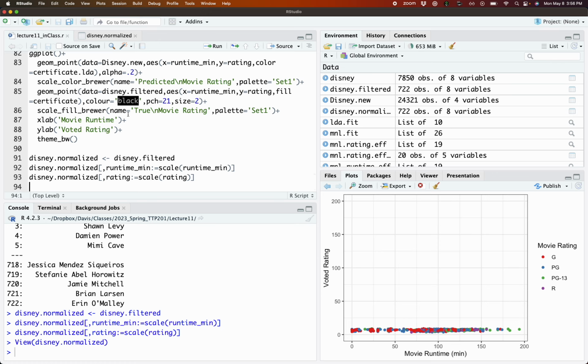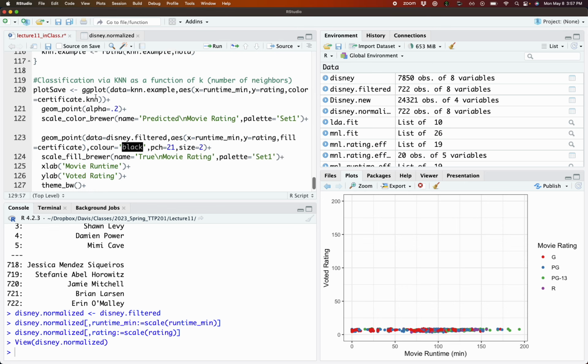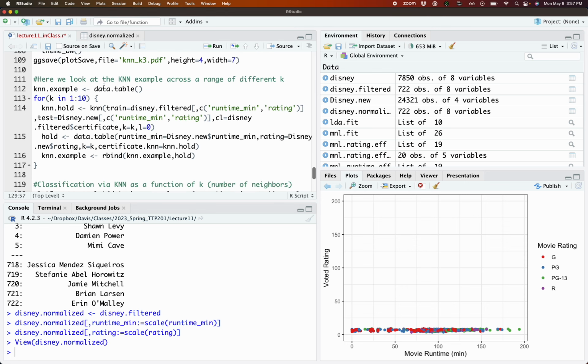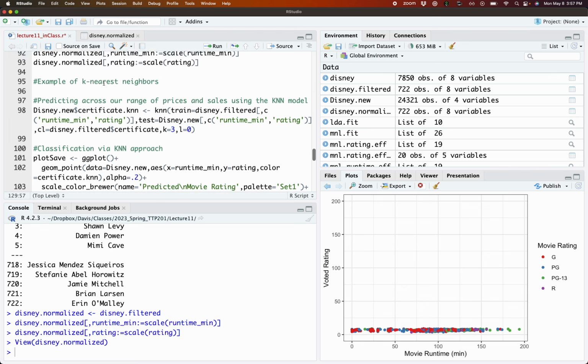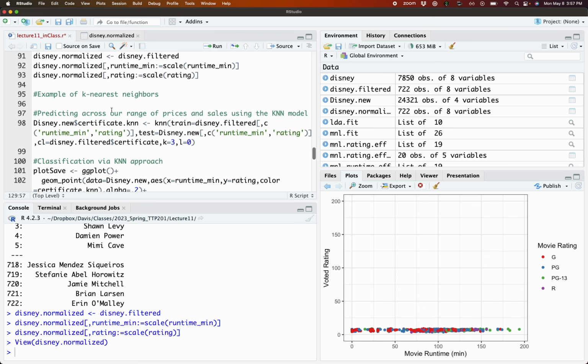Now I am going to copy and paste some code. Example, k nearest neighbors.